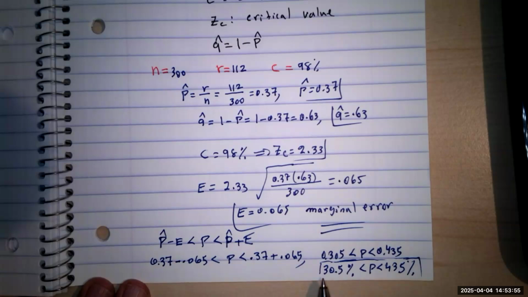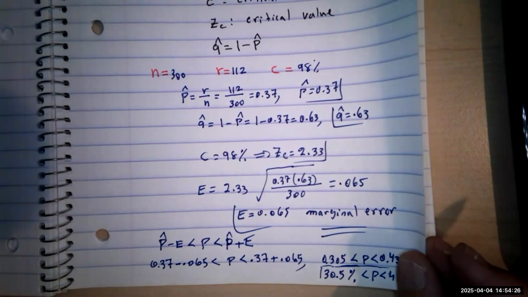So there is a 98% chance that the population proportion of all those union members who are in favor of a Republican candidate in New York is going to be between 30.5% and 43.5%. You have to make a comment, remember. So the conclusion is this one.